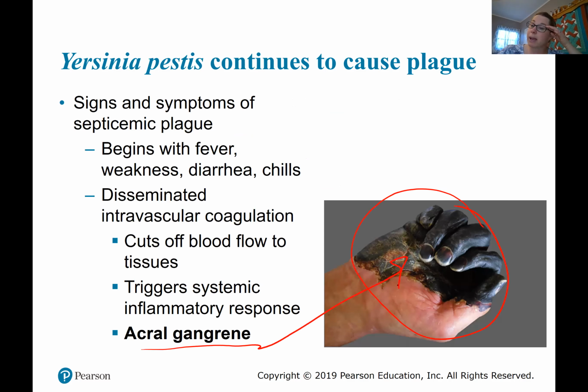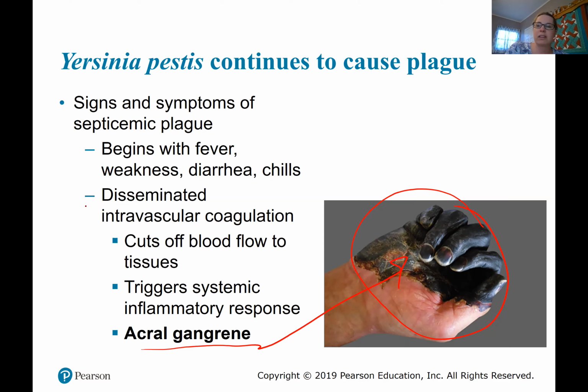We talked about gangrene caused by Clostridium perfringens. This is another type of necrotic tissue, caused by the septicemic form of the plague. If a person has bubonic or pneumonic plague, it can then spread to the bloodstream if untreated and cause fever and chills and diarrhea and so forth.